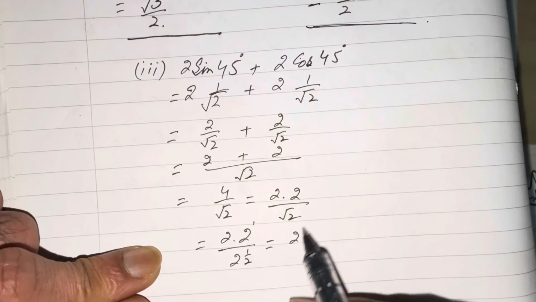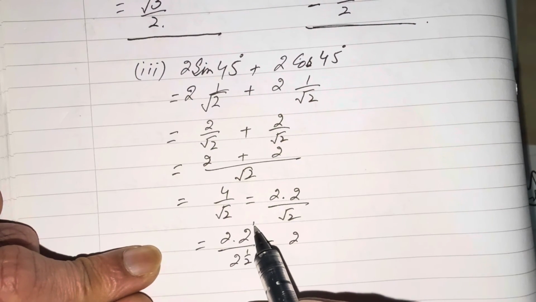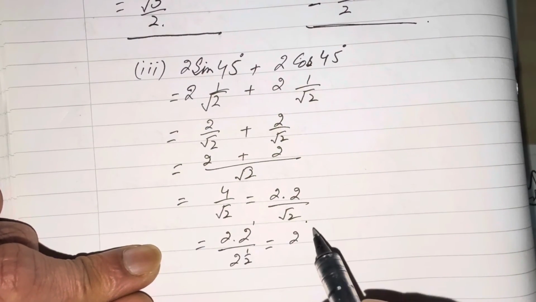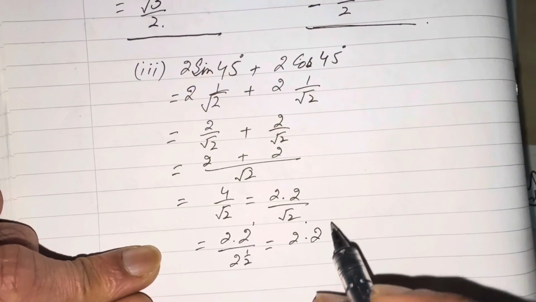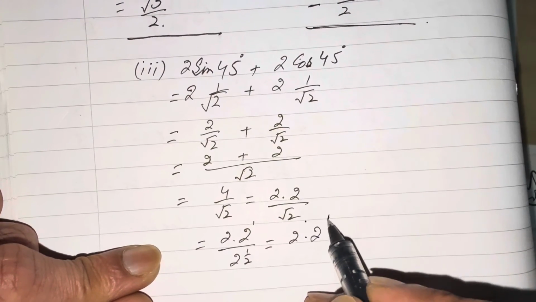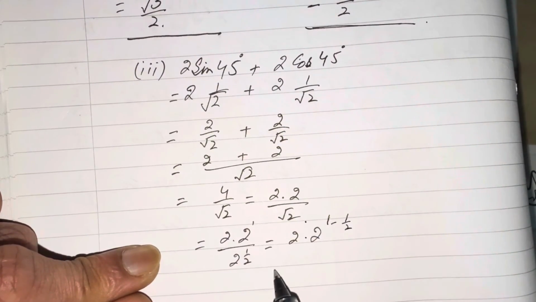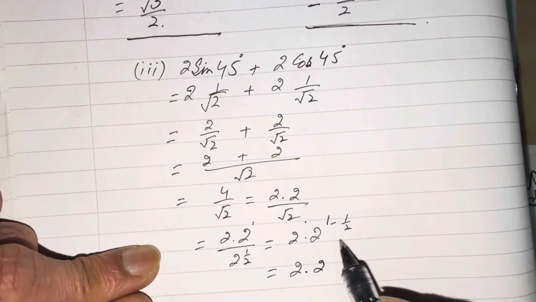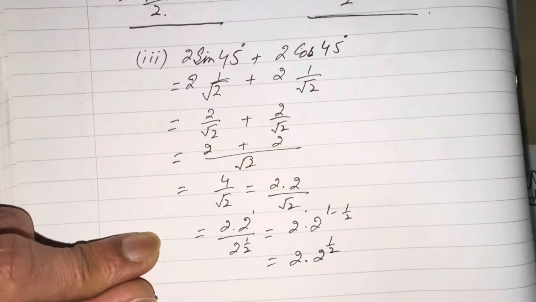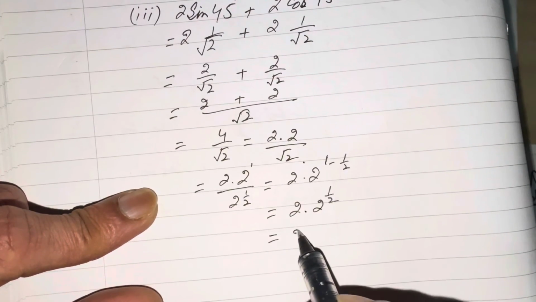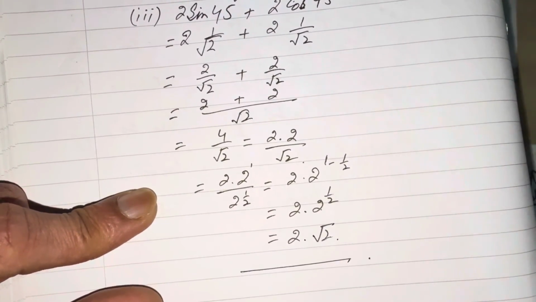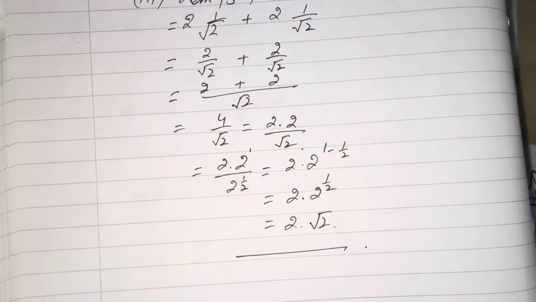When you subtract 1 over 2 from 1, it becomes 2 raised to power 1 minus 1 over 2. That becomes 2 into 2 raised to power 1 over 2, which can be written as 2 into under root 2. So that's the answer.